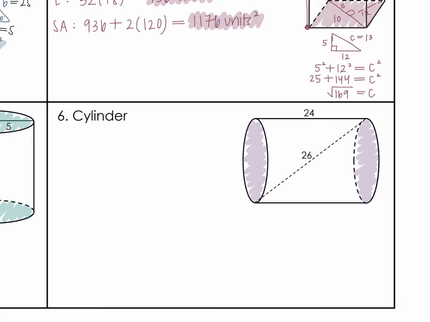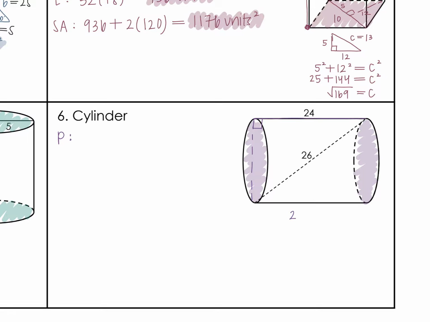So in order for me to find my P here, I'm going to have to use the Pythagorean theorem. All right, because remember here, your height between it should be perpendicular to that base. And so here I can use this diagonal length of 26 in a right triangle to help me find my diameter. So I'm going to use the Pythagorean theorem.